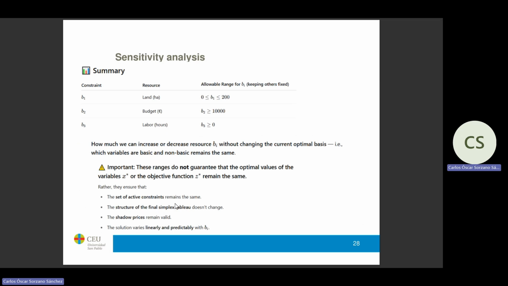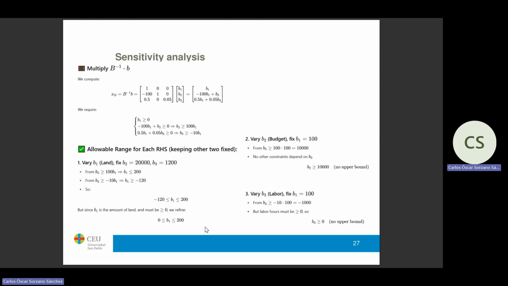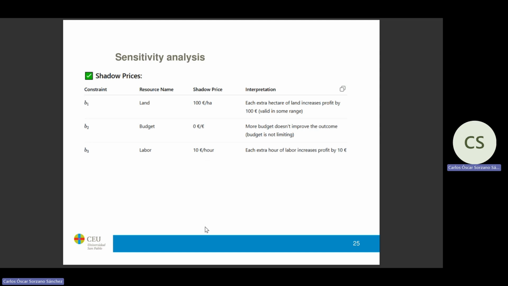So what are the basics? The basic variables don't change either. And the solution varies linearly and predictably with pi. So you simply have to change pi this way, get more or less goal function.